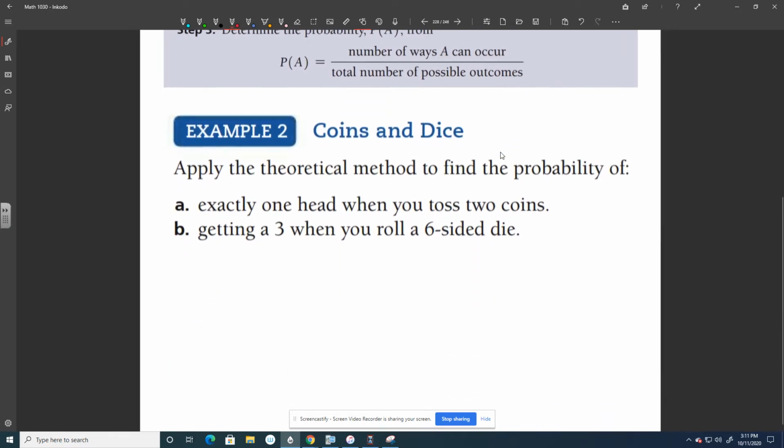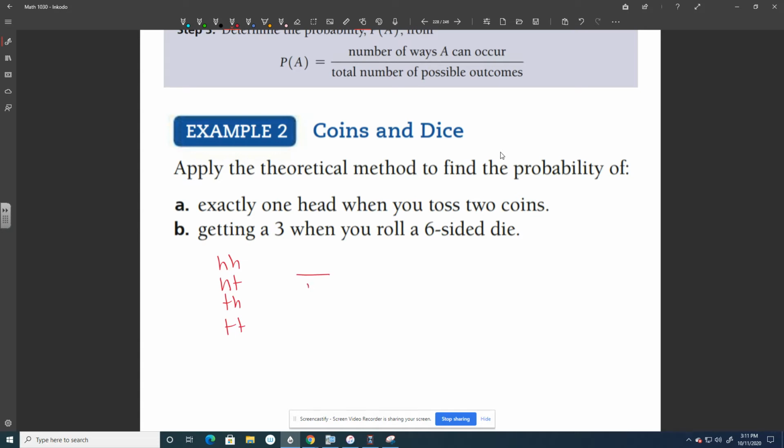So example 2, apply the theoretical method. What's the probability of getting 1 heads when you toss 2 coins? So I could possibly get heads and heads, or I could get heads and tails, or I could get tails and heads, or I could get tails and tails.